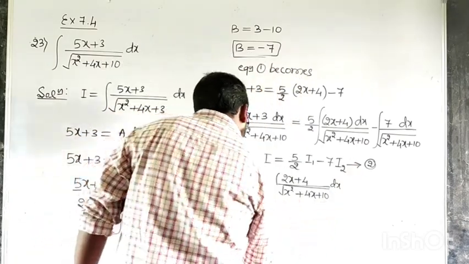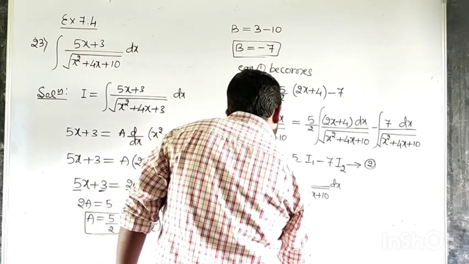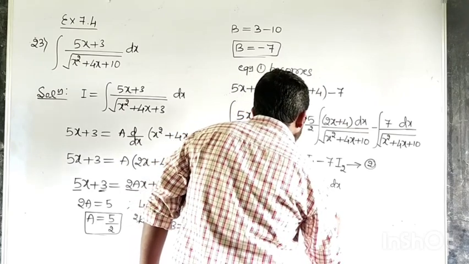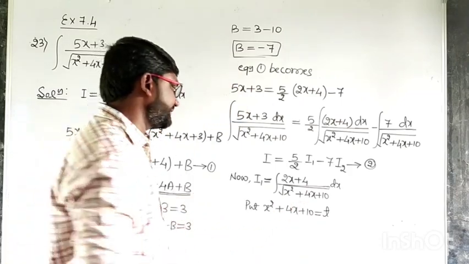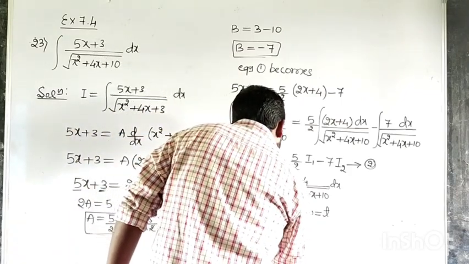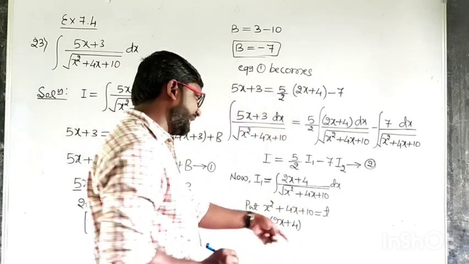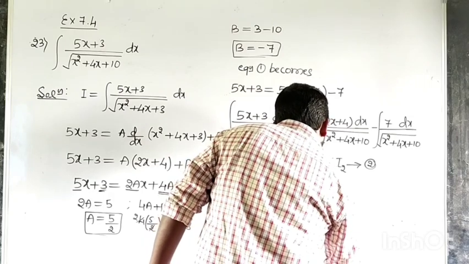So put x square plus 4x plus 10 equal to t. Differentiate both sides with respect to x. So we get 2x plus 4 is equal to dt by dx. I take dx to the LHS. Dx is equal to dt.